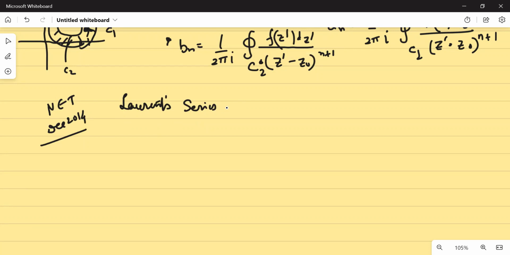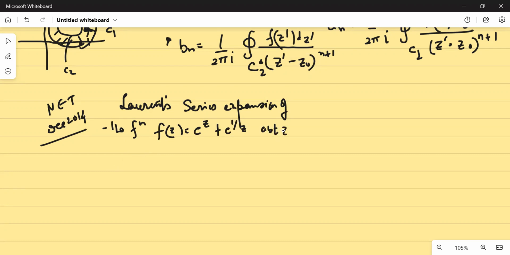Okay, so the Laurent series expansion of the function f(z) equal to e power z plus e power 1 upon z about z equal to 0. Option 1 given was summation z raised to power n upon n factorial for all mod z less than infinity.